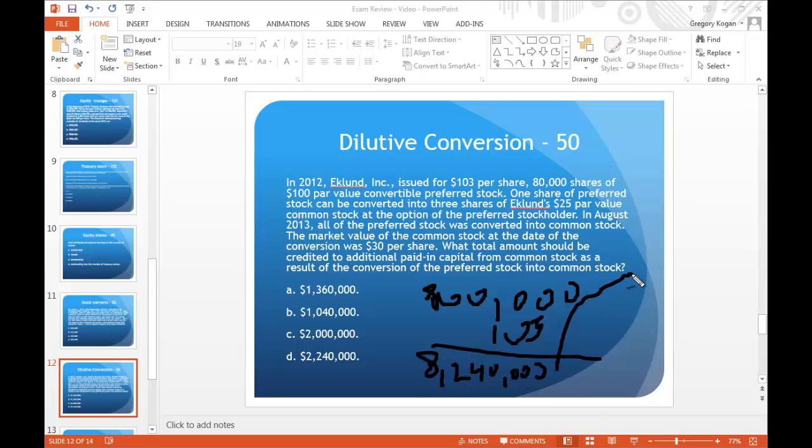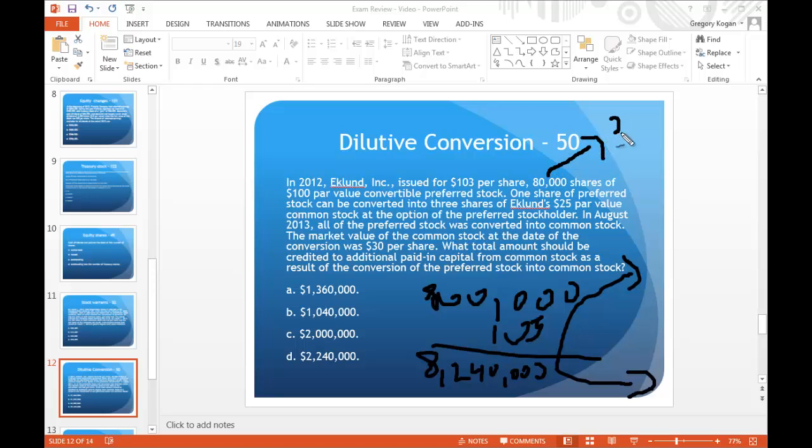Now when we convert, it's going to go to par and it's going to go to paid in capital. What's the par number? Well, it says $25 par value per share, and the conversion is 1 share of preferred into 3 shares of common.